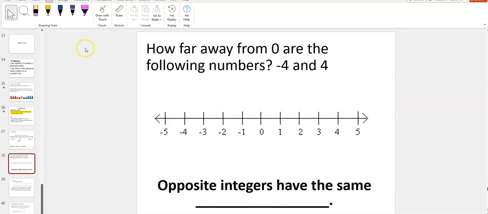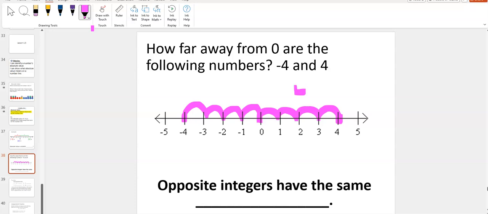So now going back to +4 and -4, we said that 4 and -4 were 4 hops away. 1, 2, 3, 4. 1, 2, 3, 4, right? Their absolute values are the same, and we know that they are opposite integers.